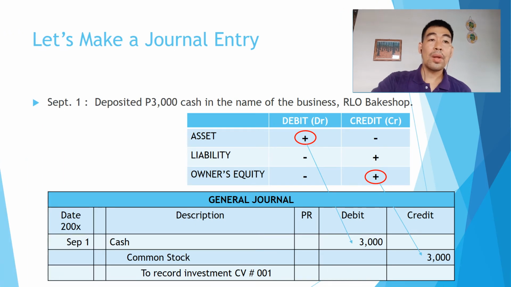And finally, we can write down the exact journal entry of the said transaction, which looks like this: cash on the debit side with an amount of 3,000 and common stock on the credit side with an amount of 3,000. And you can write your explanation on the 3rd line of the journal entry.